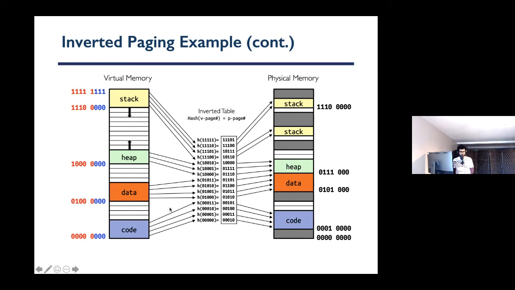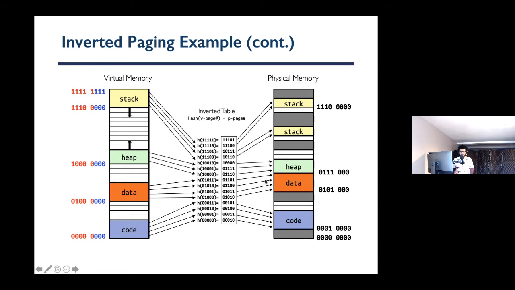Here is an example. As you can see now, the size of my page table at this particular time has as many entries as I'm using in my physical memory. If I end up using more bytes from my physical memory, I can just expand this hash table. But at most, this hash table will have as many elements as my physical memory does.